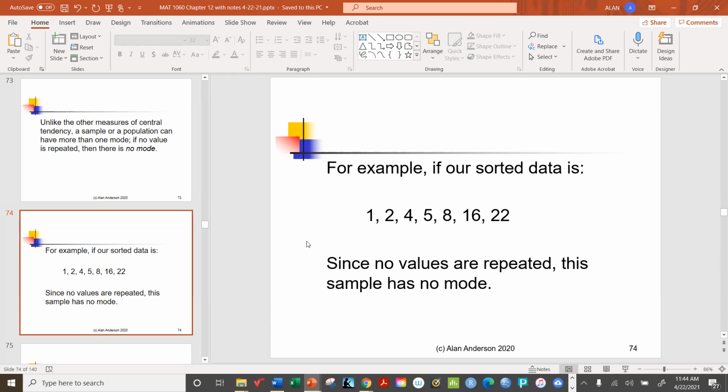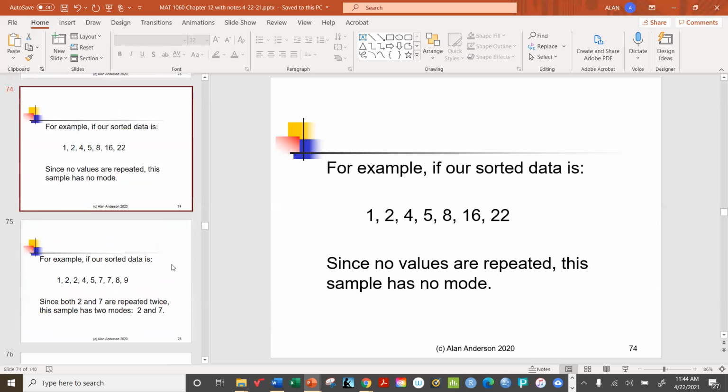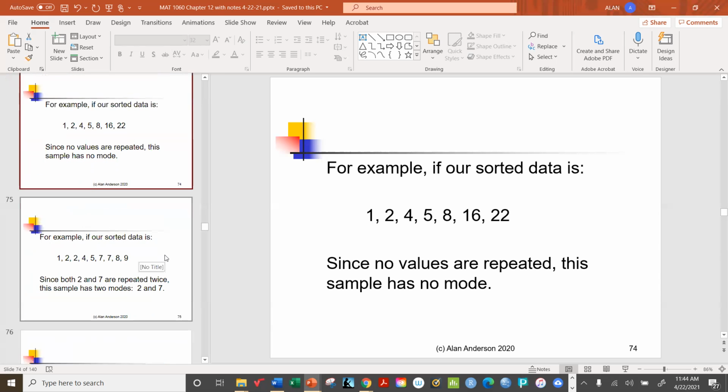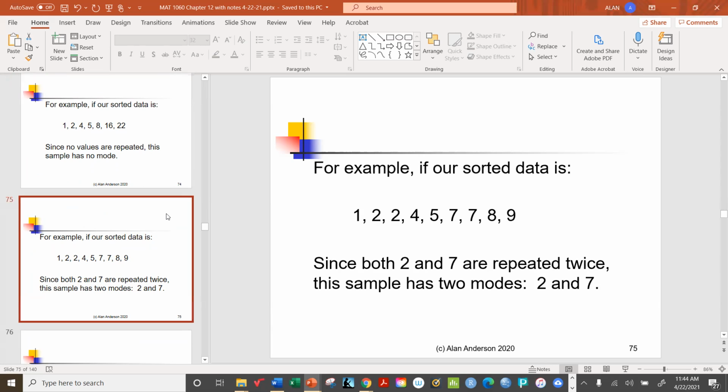Now, here's another case where you'll see the opposite. What do I mean by that? You mean that there are going to be multiple numbers repeated the same amount? Exactly. So let's take a look. Now, what do you notice about this sample?